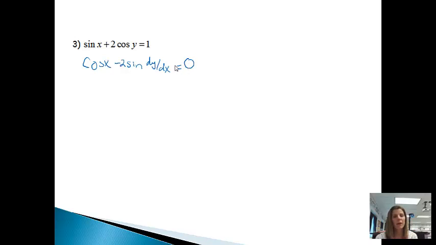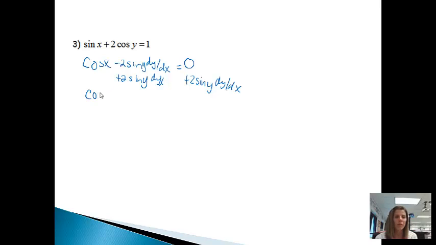Okay, and if I want to solve for dy/dx, I'm going to add 2 sine y dy/dx to both sides. I forgot my y there. The reason I decided to move that is because then I wouldn't have a negative, otherwise I'd have two negatives.